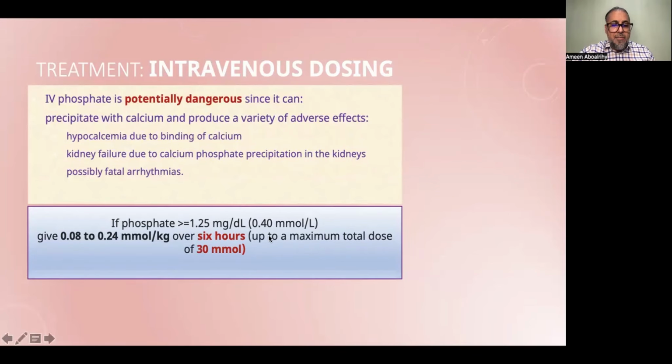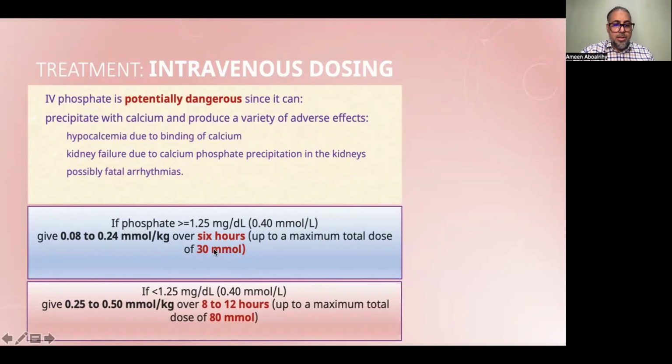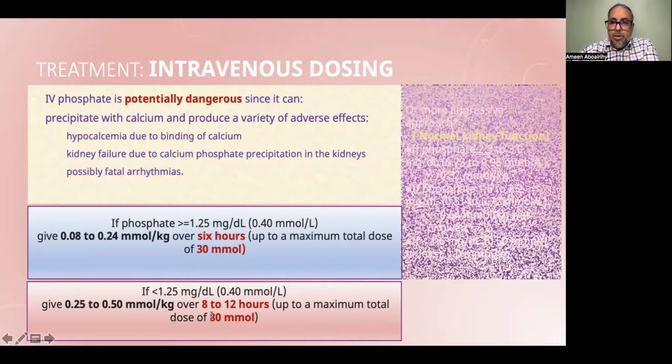But if your patient is having some symptoms, or you are afraid that the oral wouldn't be enough, you could give up to 0.24 millimole per kg over 6 hours, with a maximum of 30. But if the serum phosphate is less than 0.4, you could go up to 0.5 millimole per kg, up to 80 millimole. Of course, it will be slower, over 8 to 12 hours.